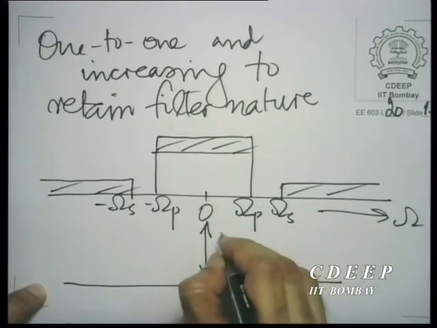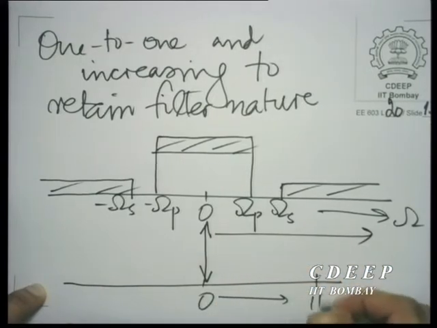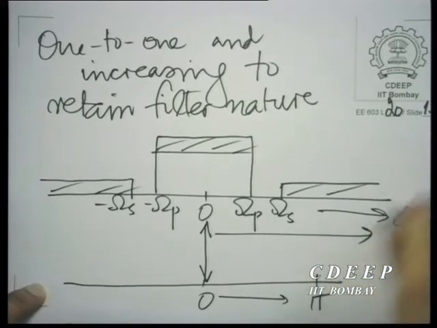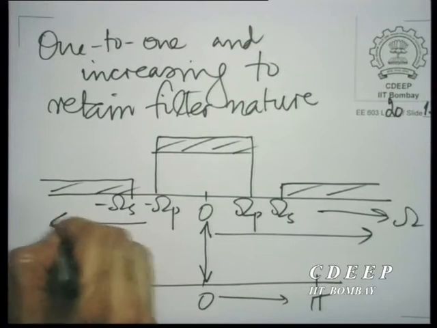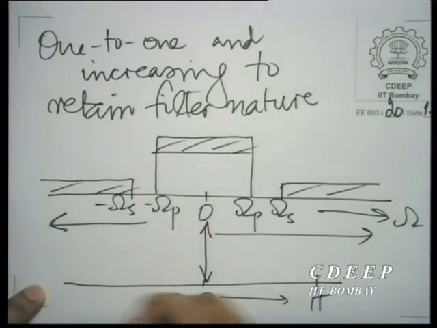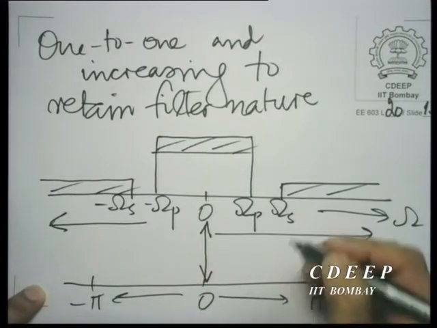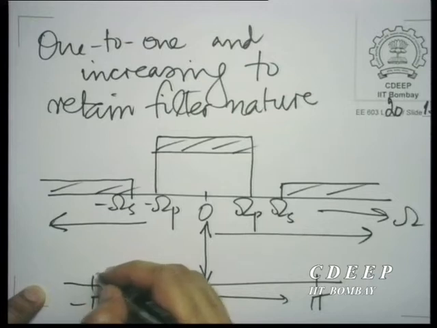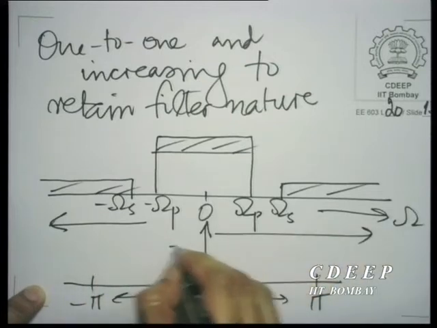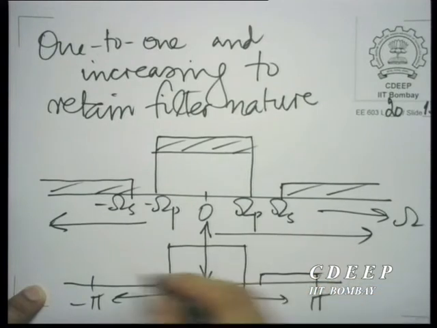As we move from 0 towards infinity, we must go from 0 to pi. Therefore, infinity must be in 1 to 1 with pi. As we go from 0 to minus infinity, we should be moving from 0 to minus pi, and therefore, minus infinity should be 1 to 1 with minus pi. And because of the increasing nature, we are going to have the same pattern translated, albeit with a nonlinear distortion. It has to be nonlinear. There is no option.